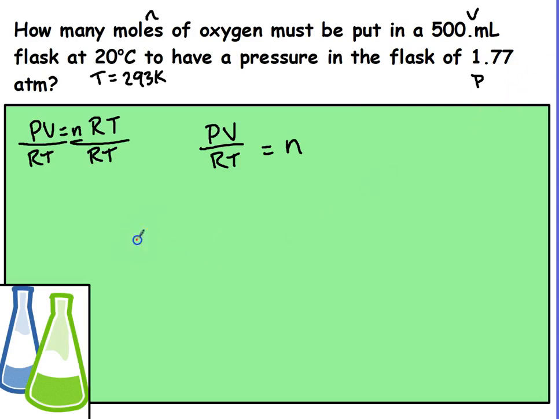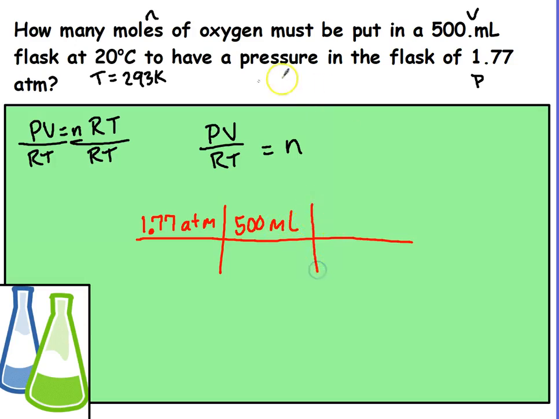Okay, it's looking good. Now we just gotta plug it in. Pressure goes at the top, so my pressure was 1.77 atm, times volume, which was 500 milliliters. I'm probably gonna have to change this to liters, but we'll do that later. Divided by R, but remember I told you, R needs to have its own column, so I'm gonna put all of R right here.